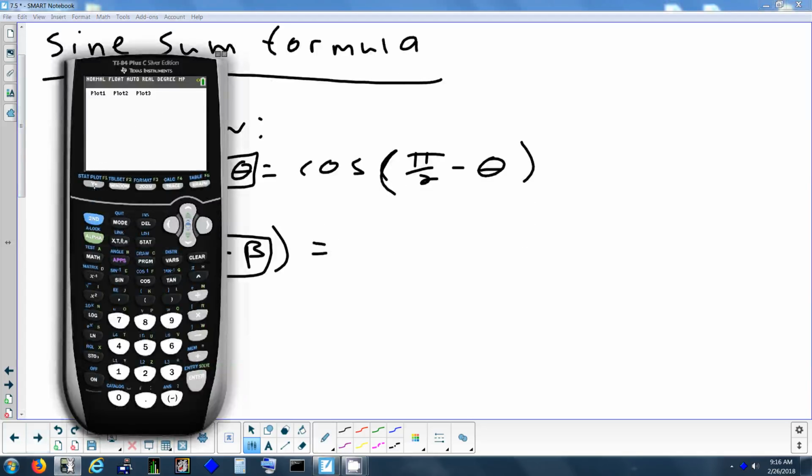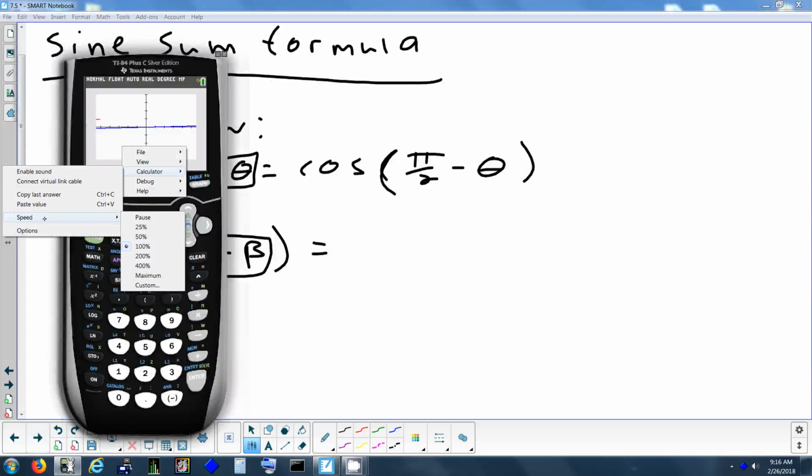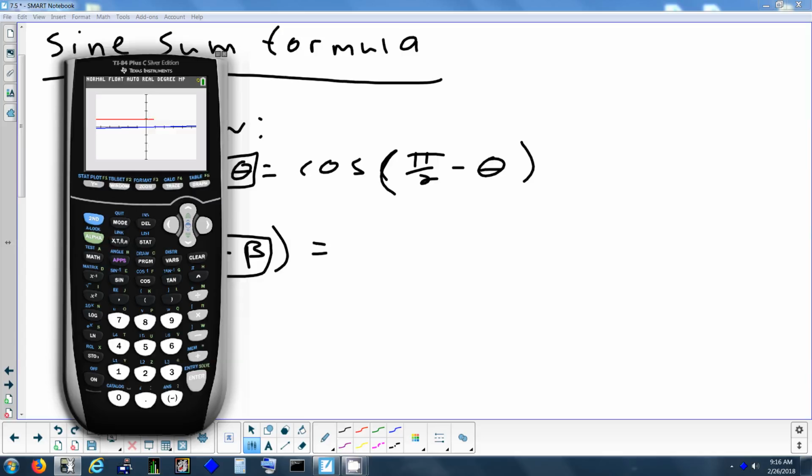Remember, when we graph just the basic sine function and the basic cosine function, and I need to adjust the window a little bit. If I do zoom 7, this will look a lot better.